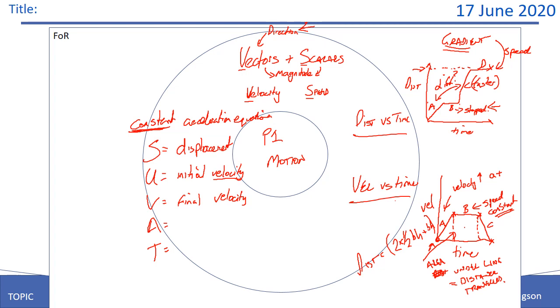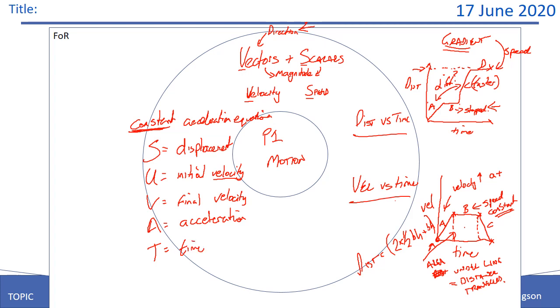You might be able to take a snapshot, a single point on that graph, and draw a tangent to the curve, which is a different issue, but otherwise you can't use the constant acceleration equations. And A, if it's not obvious by now, is acceleration, and T is for time.